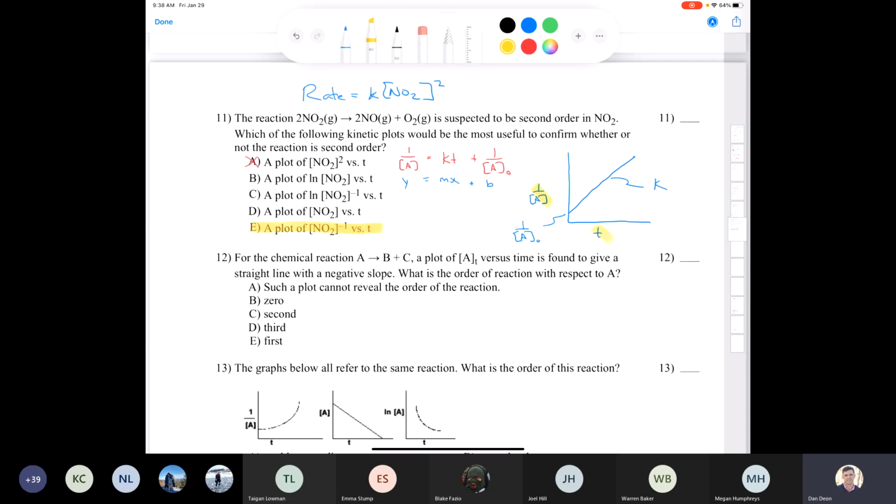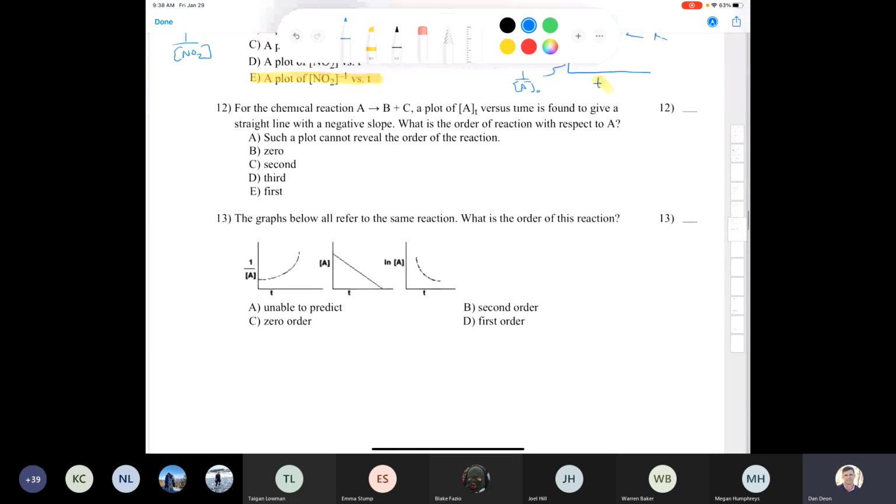And so the answer is the reciprocal of the concentration of NO2, NO2 to the minus 1, right? Because NO2 concentration to the power of minus 1 is the same thing as 1 over the concentration of NO2 versus time. And that's why we spent some time looking at integrated rate laws and how we make a linear plot. All right, let's move on from there to question 12.